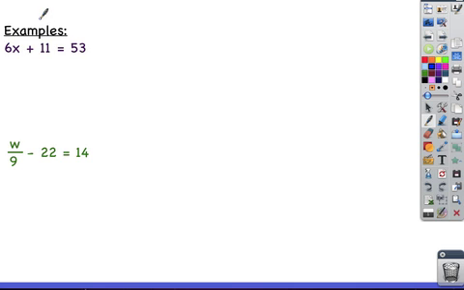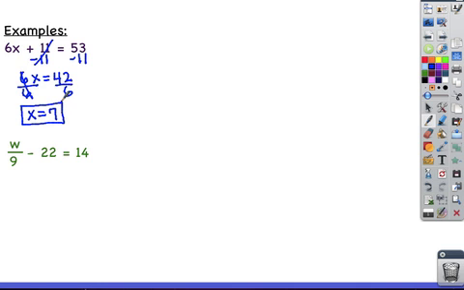So while we would normally add or subtract last, that's what we're going to start with. So the inverse of adding 11 would be to subtract 11 from both sides, and we're left with 6x equals 42. Now we're down to just one step, which would be to get rid of the multiplication, so we divide both sides by 6, and we're left with x equals 7.